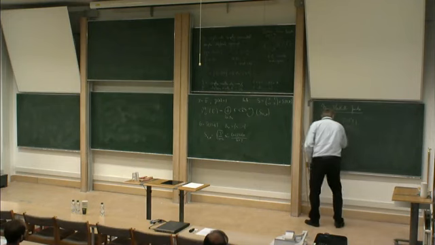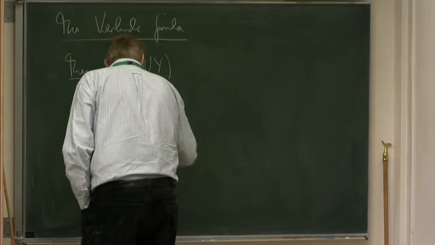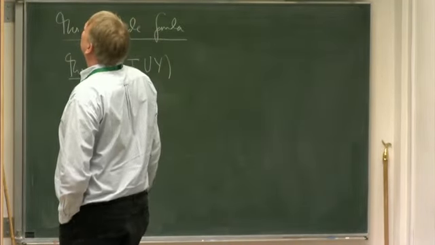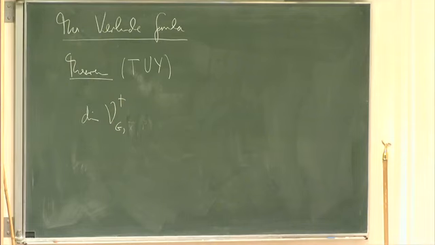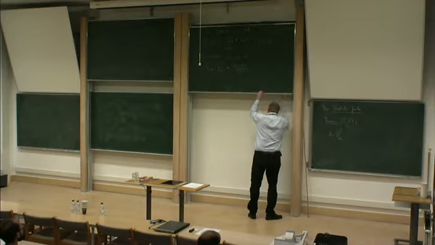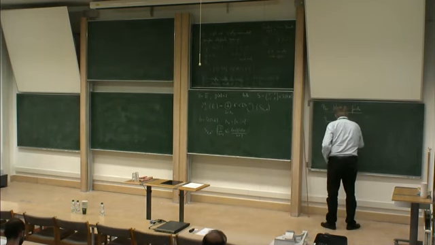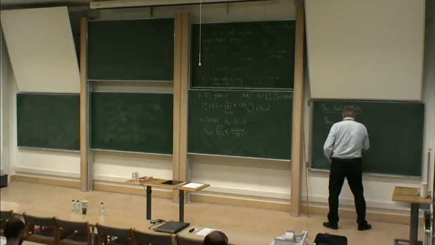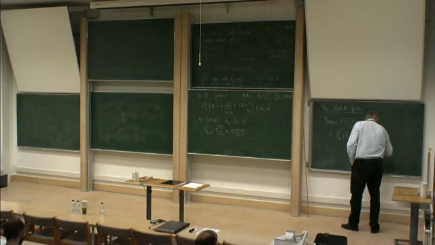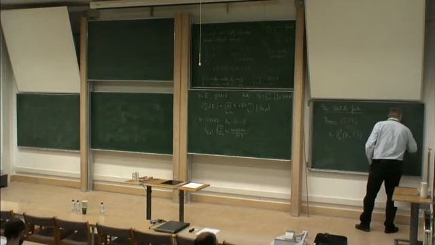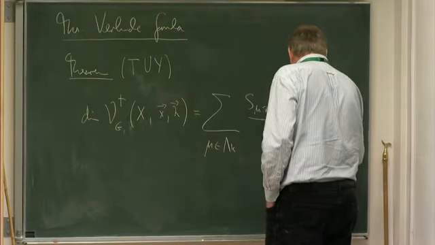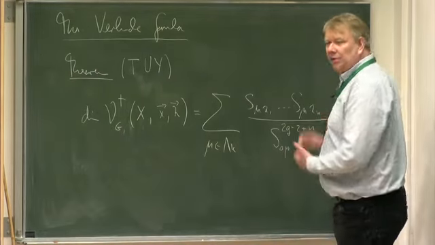It says that the dimension of the space for any x, not just this particular x, any number of punctures and any labeling you want, is a sum over the label set of S mu lambda 1 up to S mu lambda n, divided by S0 mu to the power 2g minus 2 plus n. So this is the classical Verlinde formula.